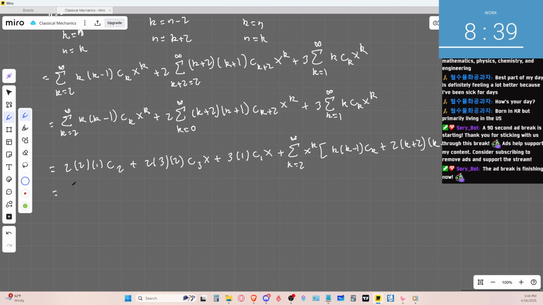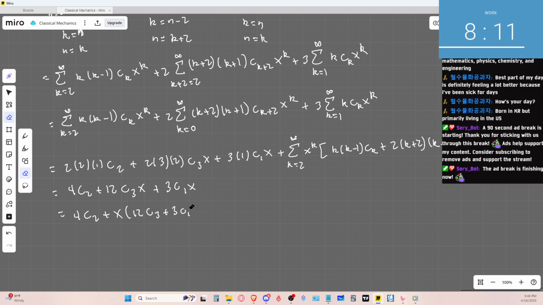Okay, so this one's 4c2. 3 times, that's 12. And this one's just 3x. I think in this one we can just reduce it a little bit so we can make it x times 3 plus 3.